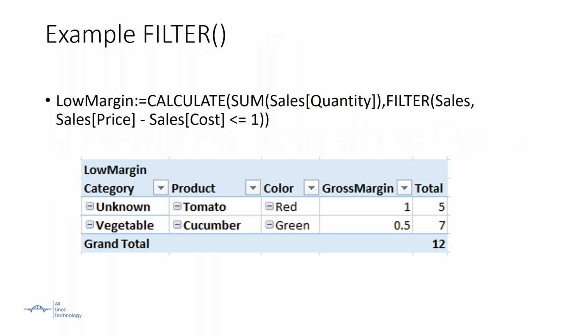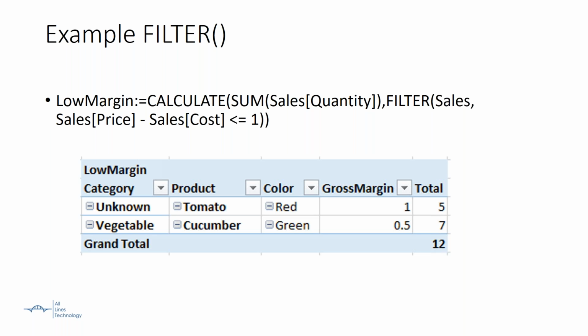Instead of trying to do what we did before, let's say we had a low margin measure where we wanted to see the total quantity only for items where the difference between the price and the cost, the unit margin, or the gross margin, however you want to describe it, is less than $1.